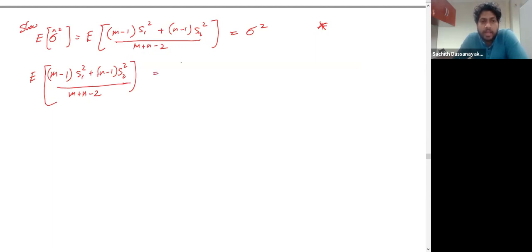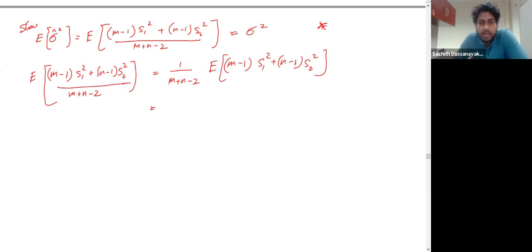Simply you can take that out from the expected value. Again, this m minus 1 and this n minus 1 are just numbers, and S1 has nothing to do with S2. They are independent because those samples are independent.